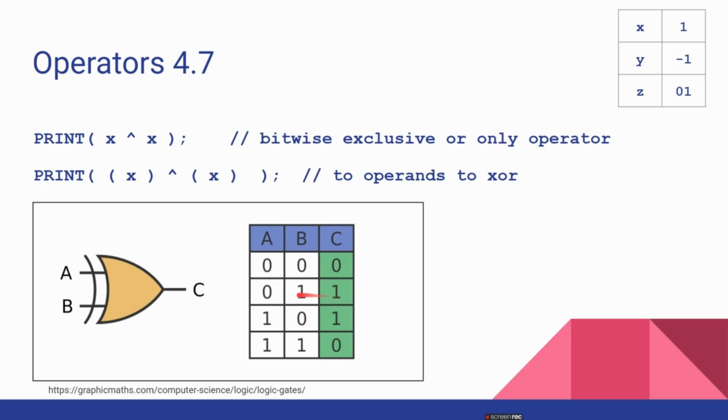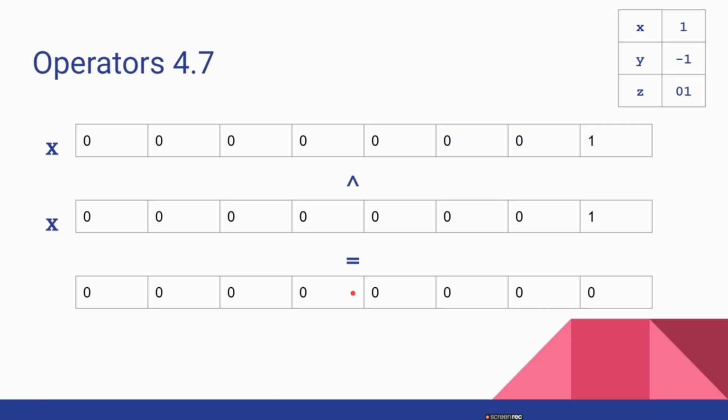When either of the inputs is 1, in this case for B, the result is 1. When we switch it up for A being 1 and B being 0, the result is 1. And last but not least, when A and B are both 1, the result is 0. So we can see that when the inputs are the same, the result is 0. But when the inputs differ from each other, the result is 1 or true.